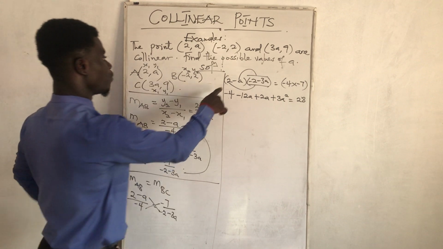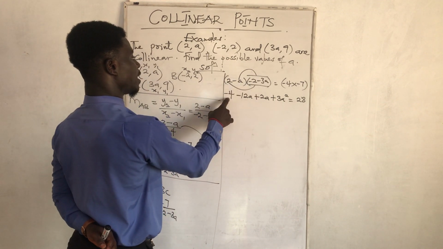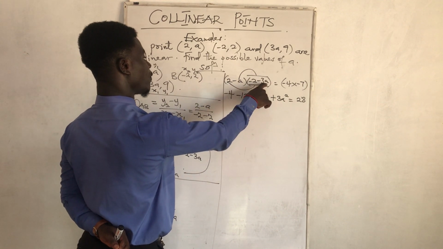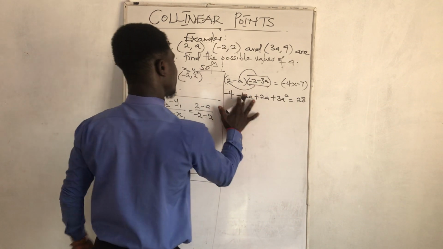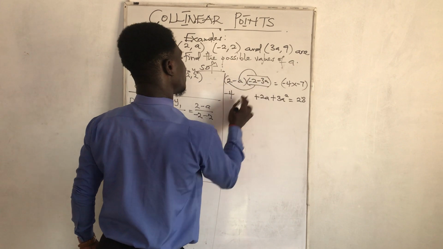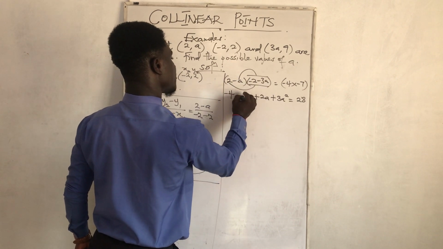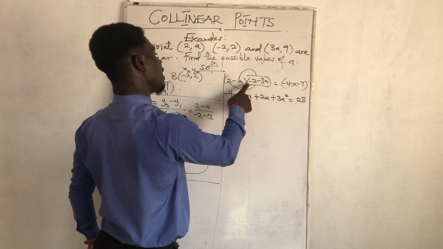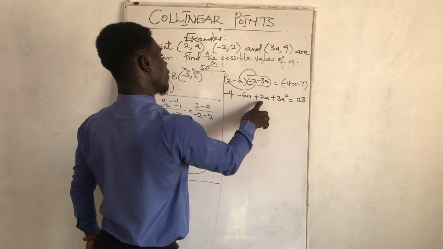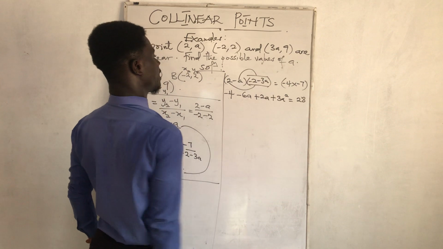Again, 2 times negative 2, which is negative 4. Sorry, 2 times negative 3a, which is negative 6a. Then negative a times negative 2, which is positive 2a.